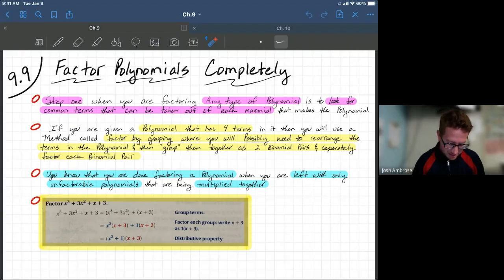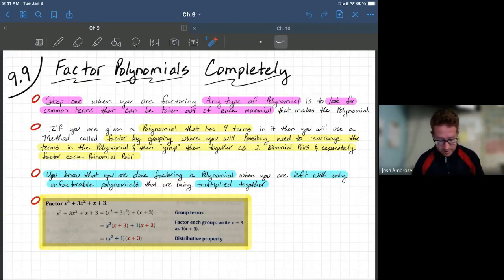Last section, we are factoring polynomials as we've been doing, and completely. So you're going to see that completely in this section means you may actually have a polynomial bigger than 3 terms. All right, so we've been working with trinomials, meaning 3 terms. You may now up it to like a quadnomial, if you will, that we're dealing with 4 terms in quite a few of these problems, okay?